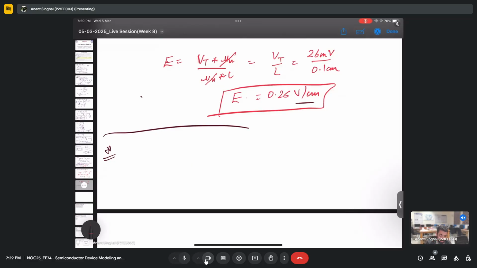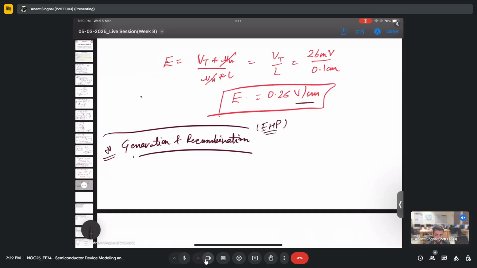So now, this was a part that was missing before to go towards the drift diffusion models. There is a good chunk of generation and recombination of excess carriers. As we have established, there is a lot of generation and recombination of electrons and holes. Recombination is nothing but the formation of electron hole pairs, right?